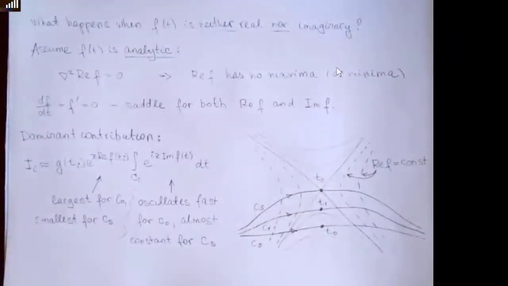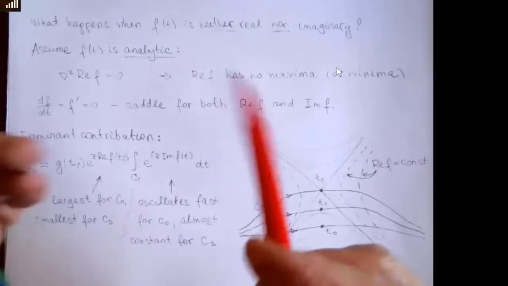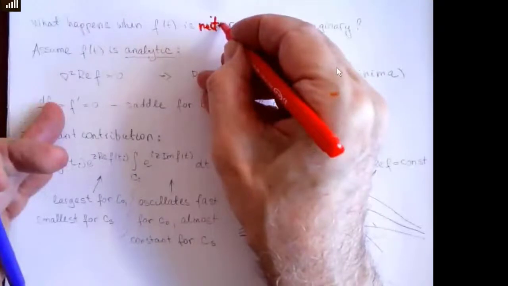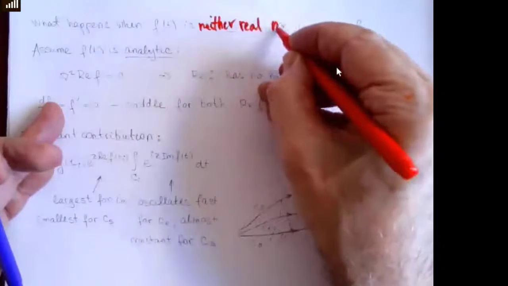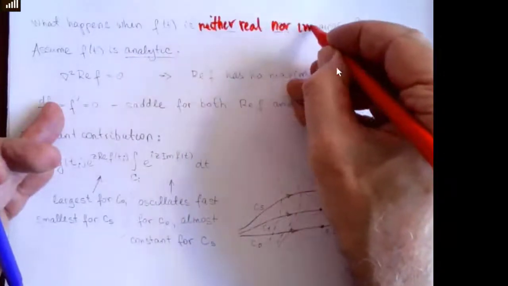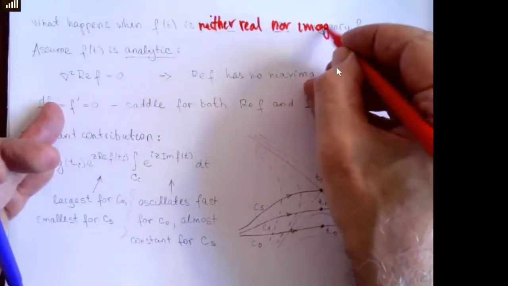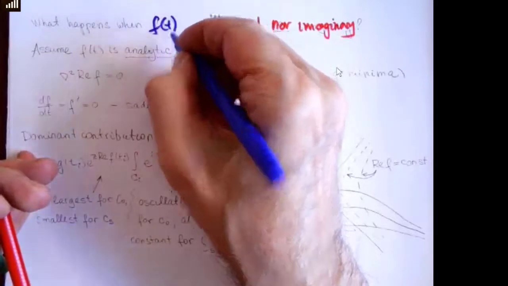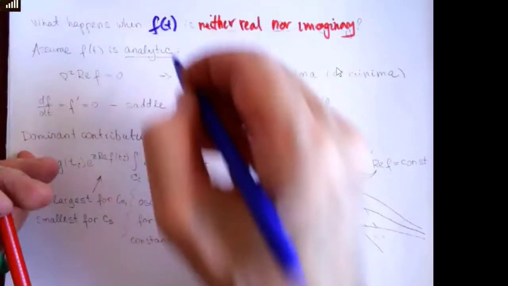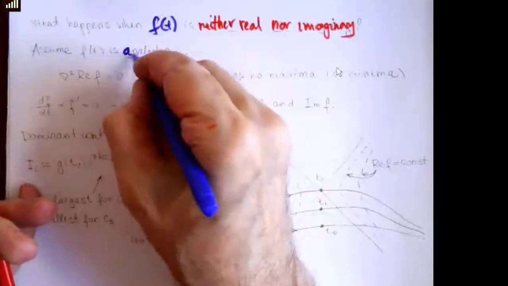Let's repeat what I just said. So we're in a situation where the function in the exponent is neither real nor imaginary. So we can't just integrate purely real t or purely imaginary t. But it's holomorphic.